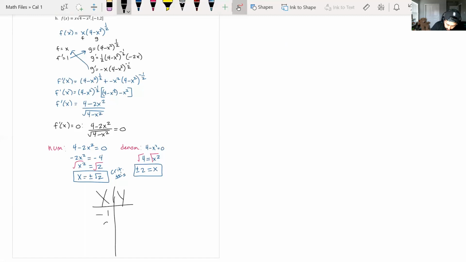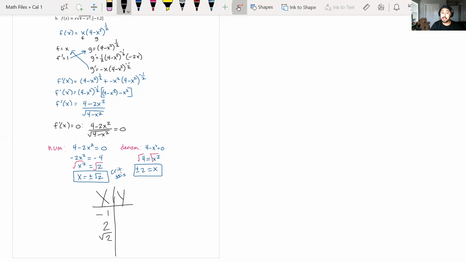Negative 1, 2. Now, does square root of 2 fit in there? Square root of 2 is 1.4. So positive square root of 2 fits, but negative square root of 2 does not.